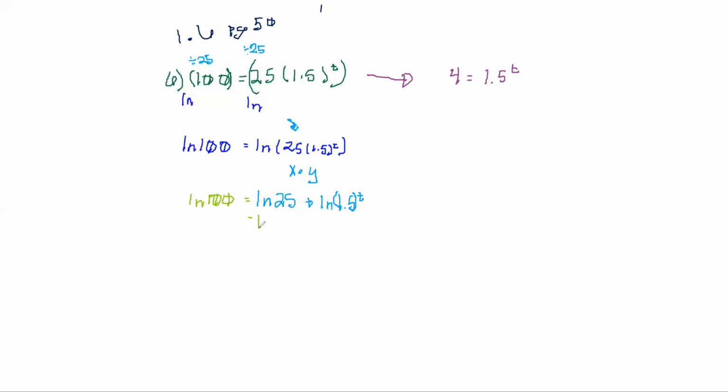We'd subtract the natural log of 25. And we'd use our rule for subtraction to say that this is actually 100 over 25.